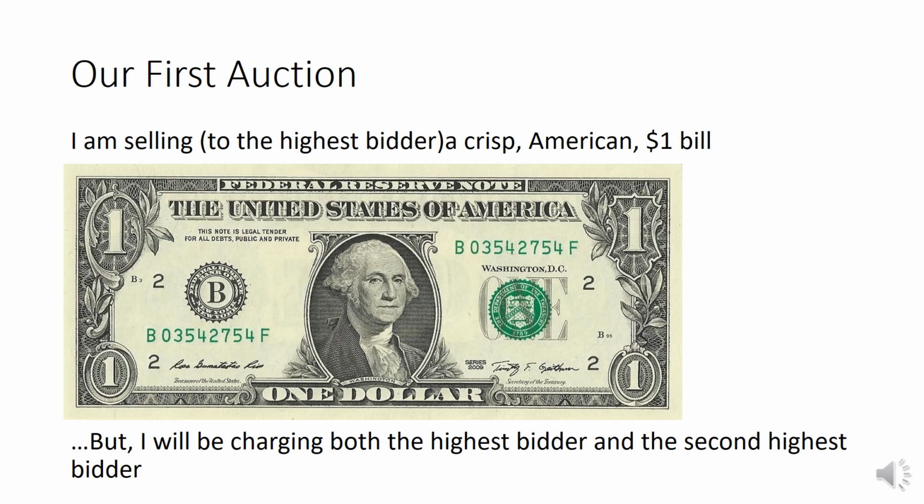All right, let's auction off this dollar bill. Who wants to buy it? Anyone? How much are you bidding? 1 cent. You're going to bid 1 cent. All right. Anyone want to top that? Great. I'll do 5 cents. 5 cents.